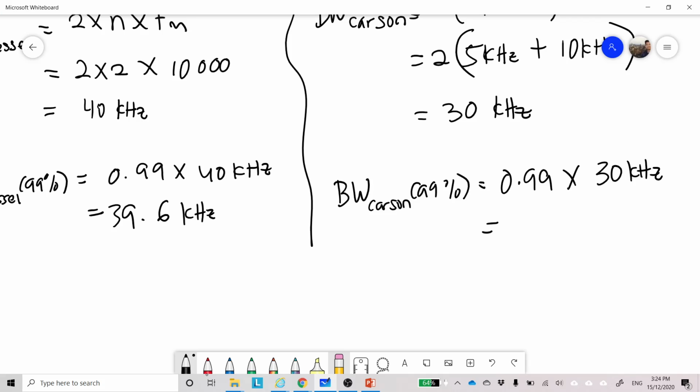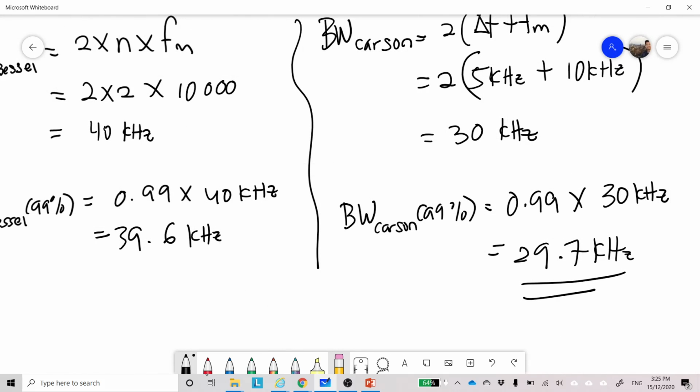So this is equal to berapa ni? 0.99 darabkan dengan 30k. So you dapat 29.7 kilohertz. Okay, so selesai. And then what? This is the bandwidth.